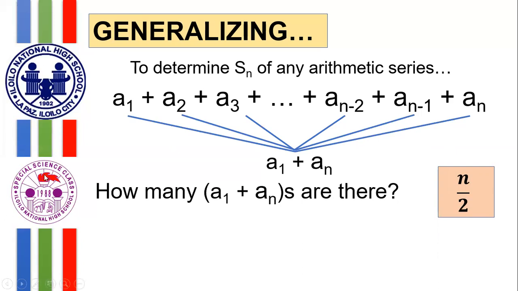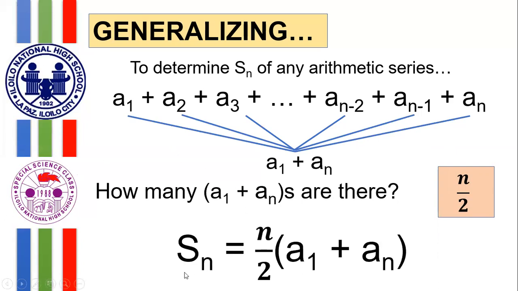Hence, to determine s sub n, based on similar reasoning we did earlier, to get the sum of all of this, we multiply the number of pairs by a sub 1 plus a sub n. Hence, s sub n equals n over 2 times the quantity a sub 1 plus a sub n.